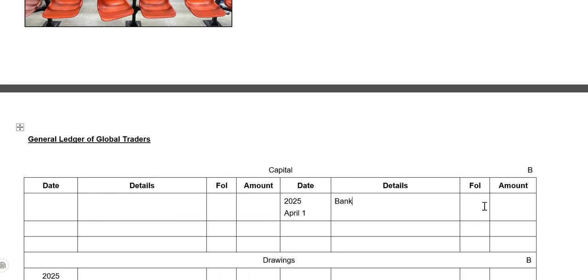was bank. Normally under folio, you have journal references, but you weren't asked to do the journals, so you can put the amount straight into the amount column. The transaction was posted straight to the general ledger account, and this, I remember, was 180,000. The owner put 180,000 Rand into the business. Credit capital, and we debit bank, increase in assets. That is the credit side of the entry. Remember, the right-hand side is the credit side.